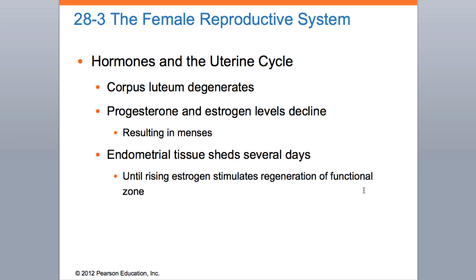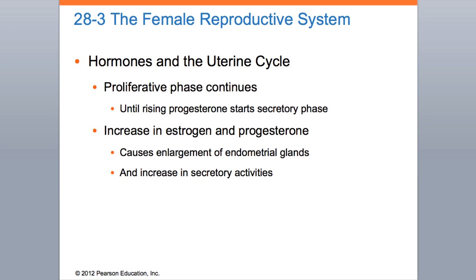The developing follicle producing more estrogen, you're going to develop the endometrial lining all over again. So as we get to menopause, you're going to have less and less likelihood of developing the endometrial lining. Next slide. We've already talked about that.